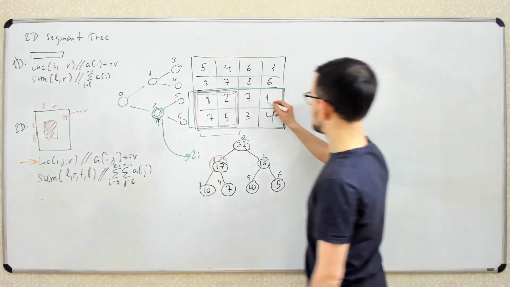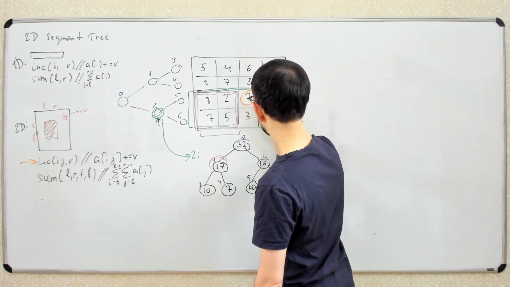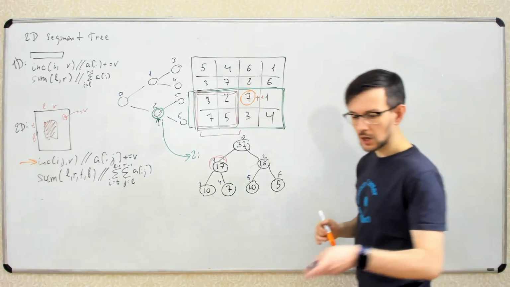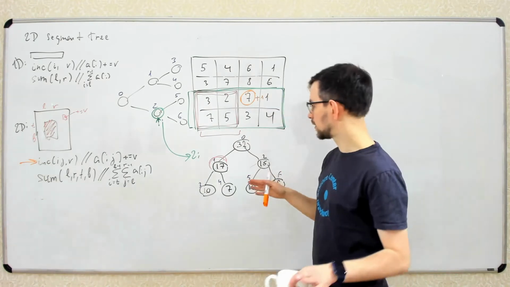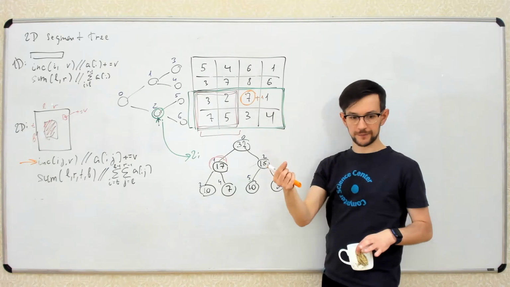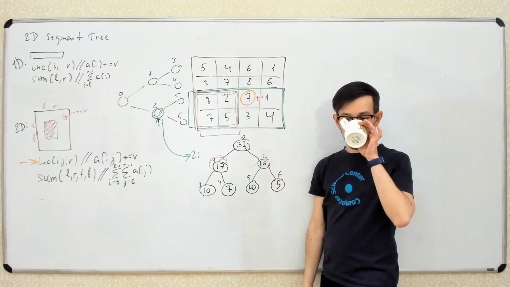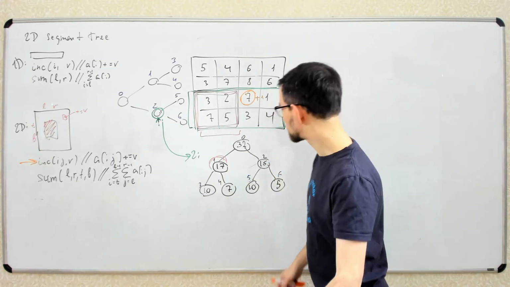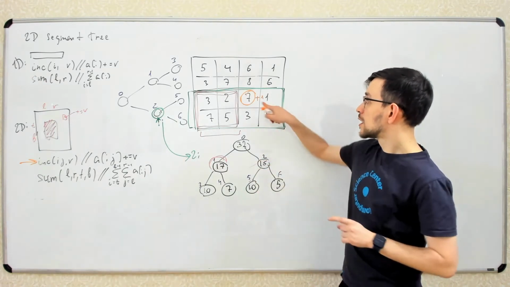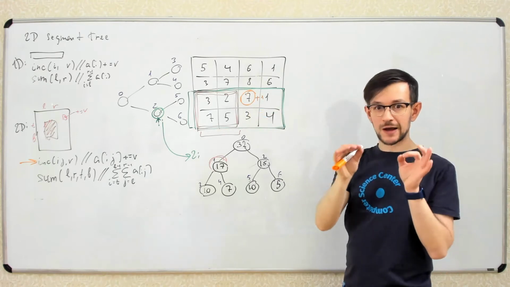Let's say you take some number here and you want to add +1 to this element. What you need to do is find all the elements which contain this element of your array. Yes, we put a segment tree inside the segment tree. So what happens when you increase one element of the array?